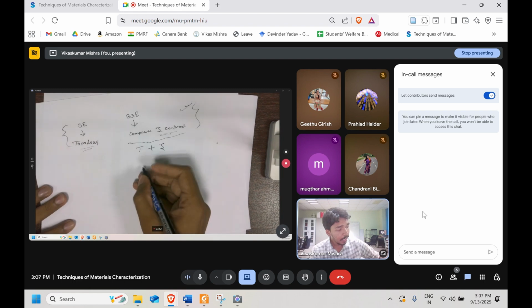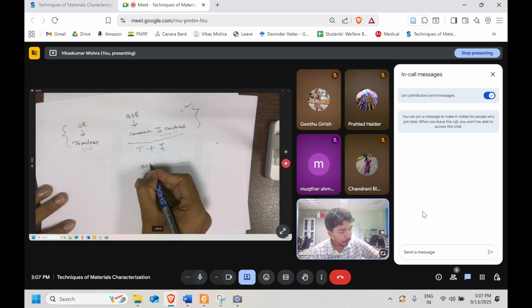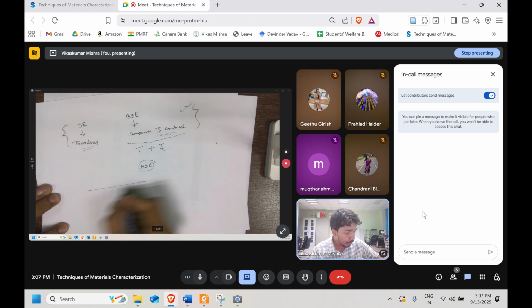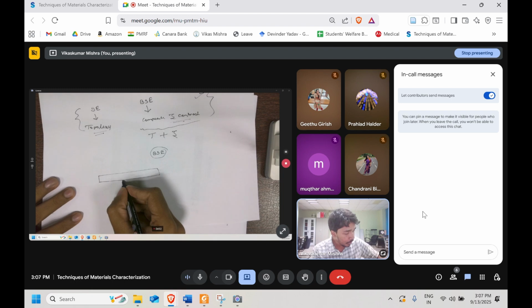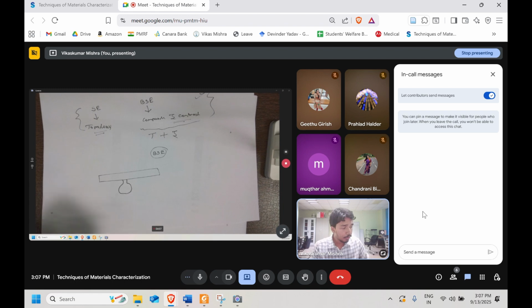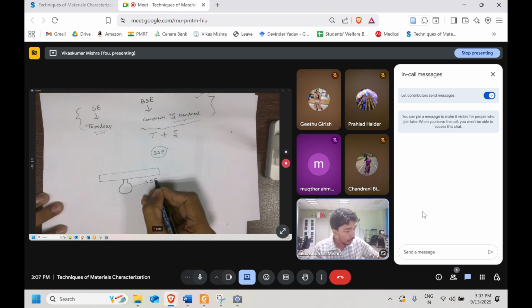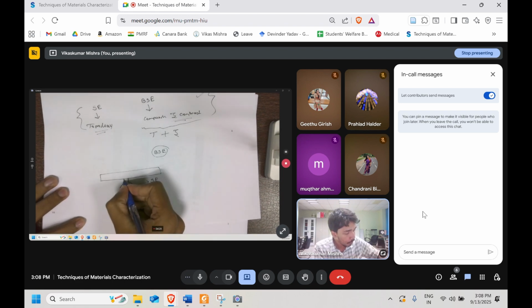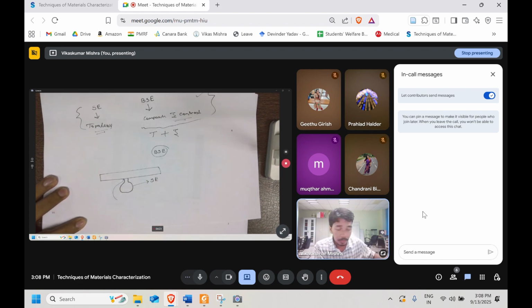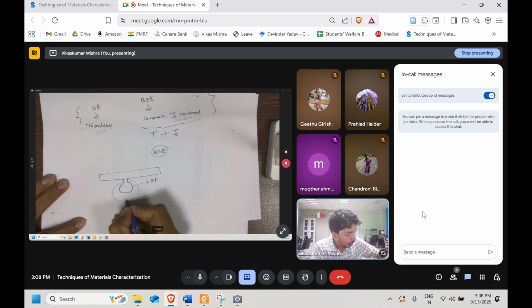But we know that when we are operating in the BSE mode, let's say this is my specimen. Let's say this is the volume which is created by the SE. I hope it's visible here. And this is the volume which is created by the BSE.